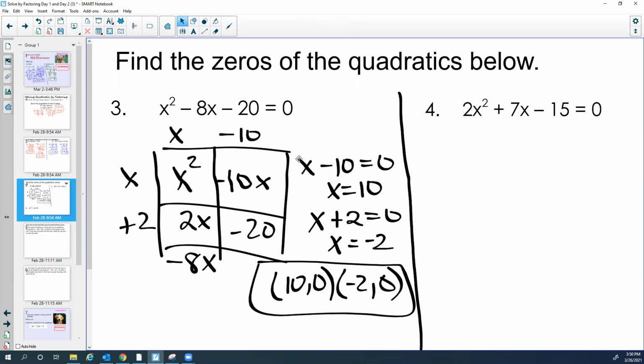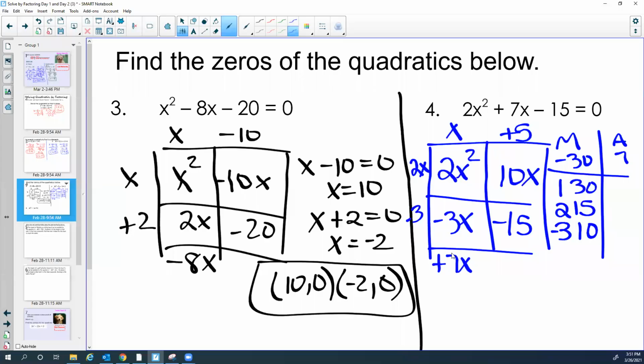All right, why don't you pause the video and try the next one. All right, so here's what you should have got on number 4. Let's go ahead and find out what these two factors get for solutions. 2x minus 3 equals 0. x plus 5 equals 0.